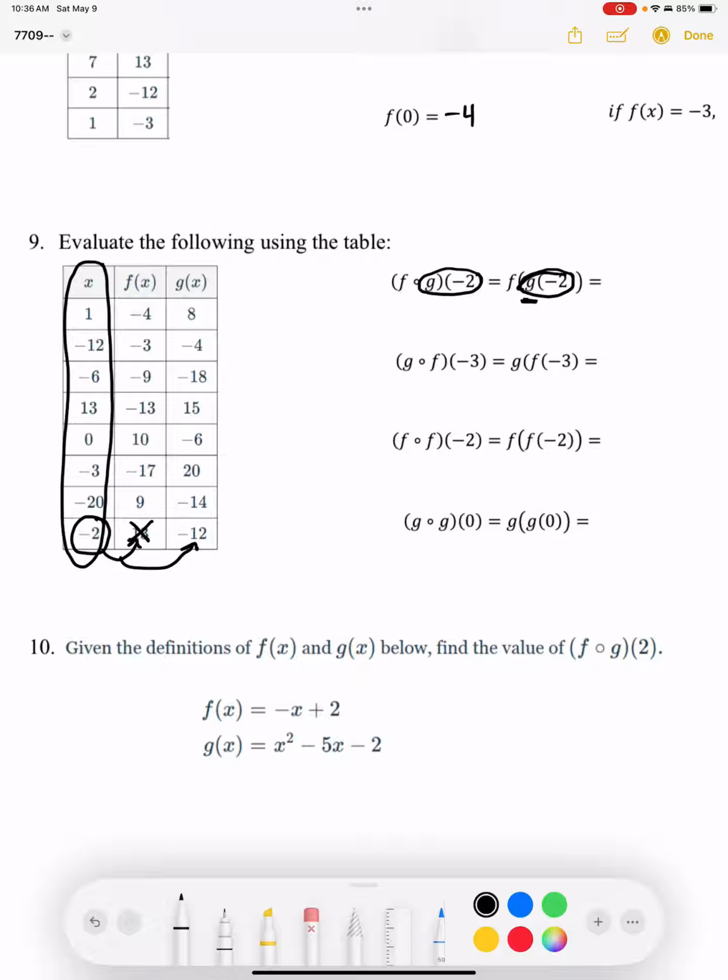So this part right here has now turned into a -12. And now you start over. Now we're going to do f of -12 to get our final answer. So it means you still start in the x, in the input, now go to -12, but now your answer is coming from the first column, from f. So the final answer is -3.